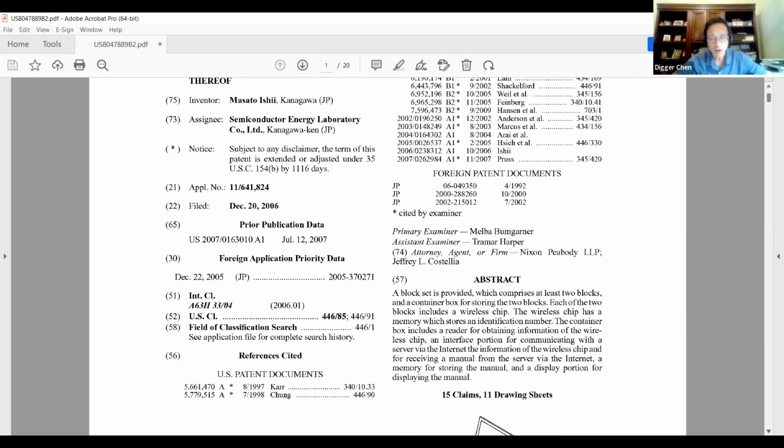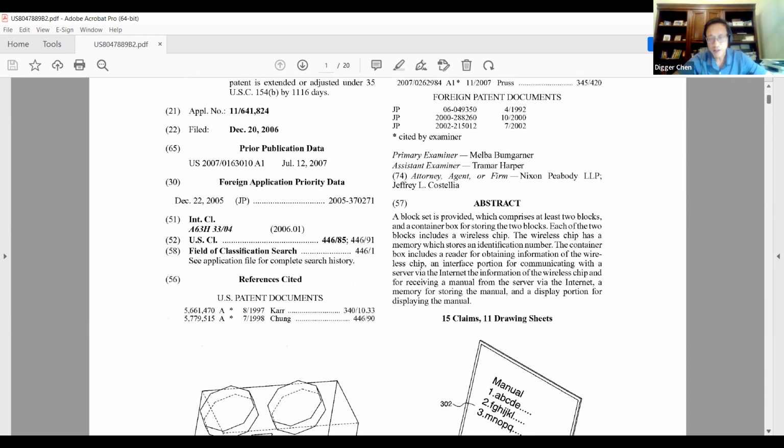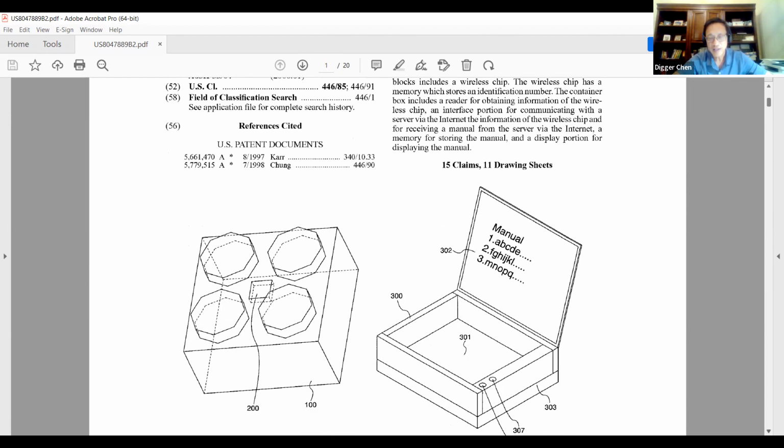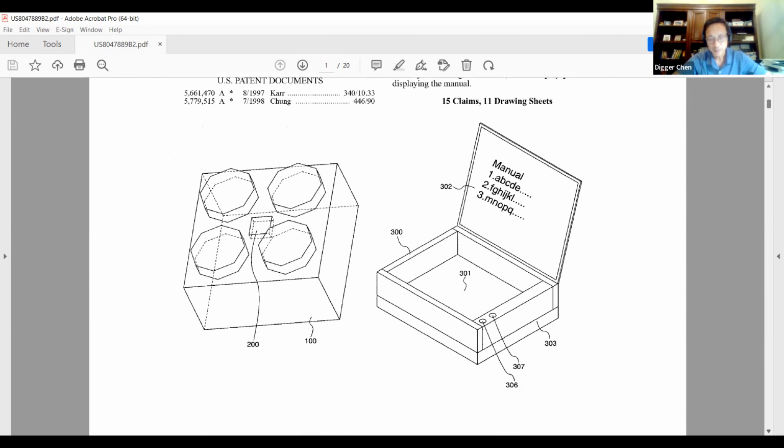And then also references cited, meaning related patents or publications that they cited. And abstract, and then the most important figure.